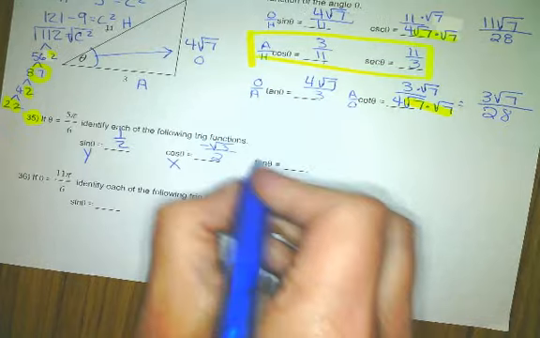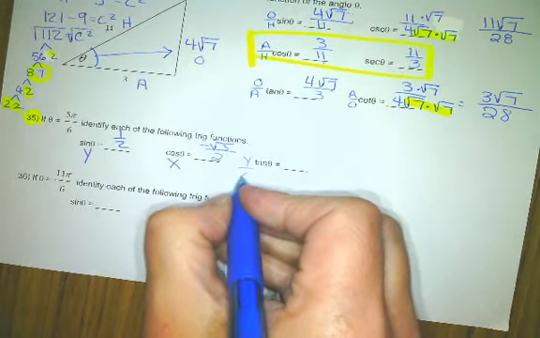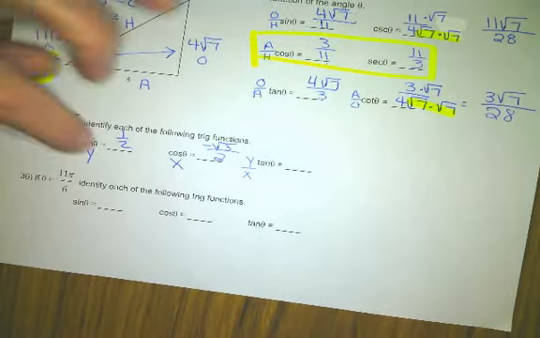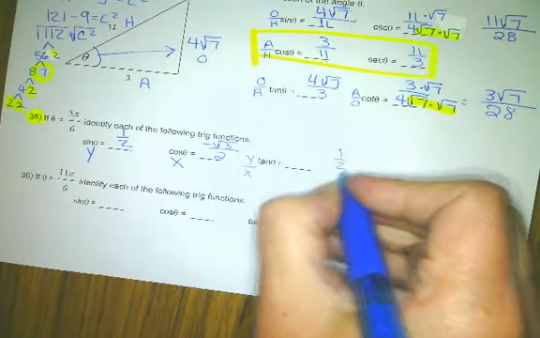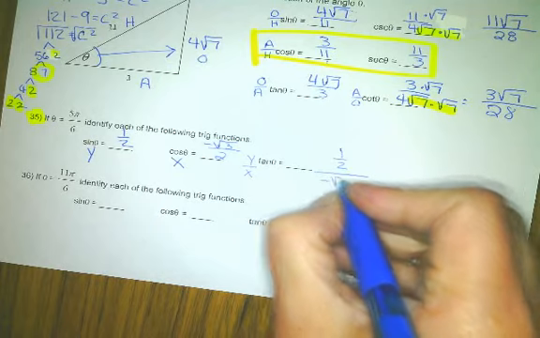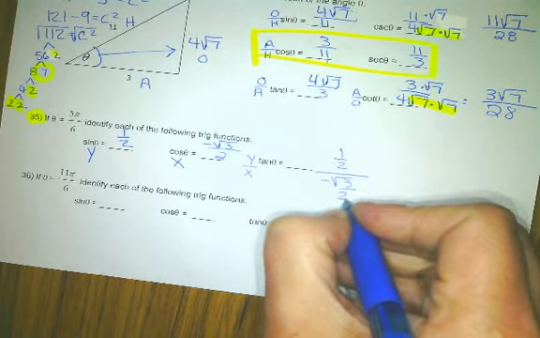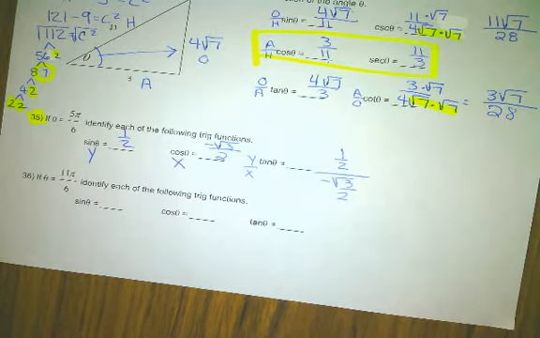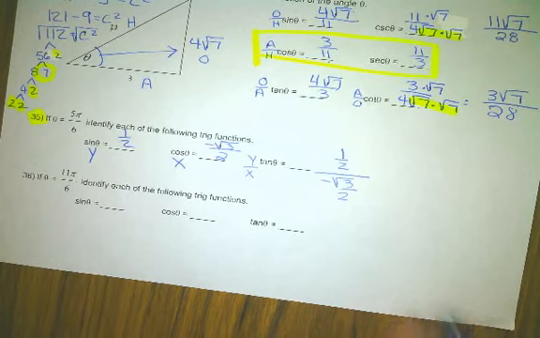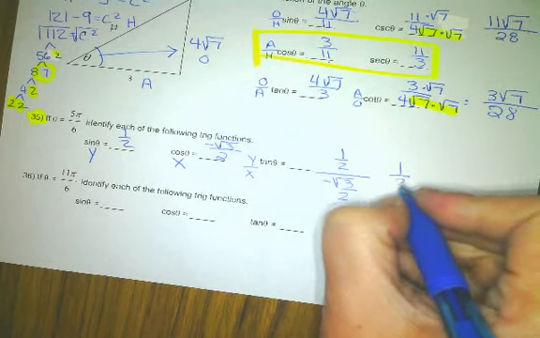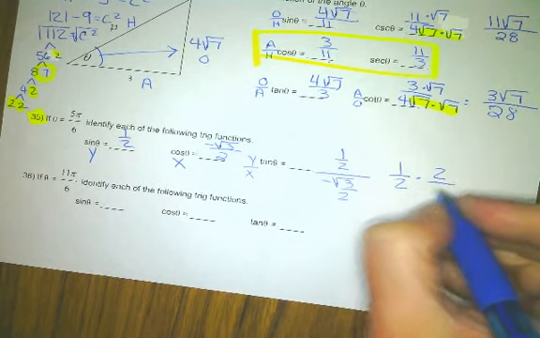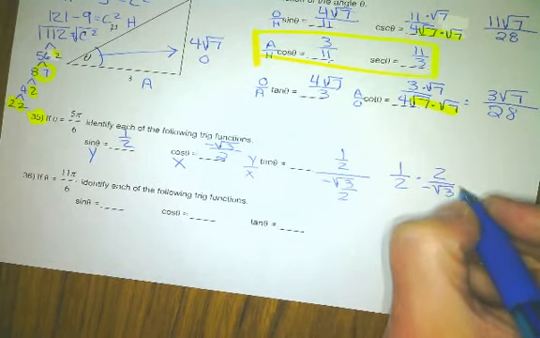And then remember my tan is just going to be y over x, or sine over cosine. So I'm going to have 1/2 divided by negative square root of 3 over 2. If I start working out the math, remember I don't divide by fractions, I multiply by the reciprocal.